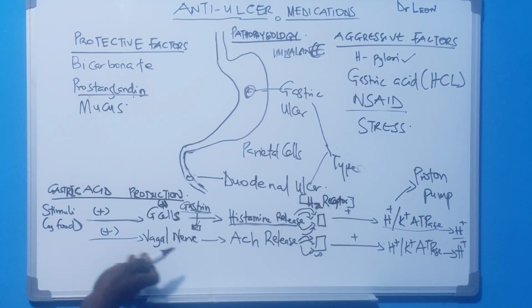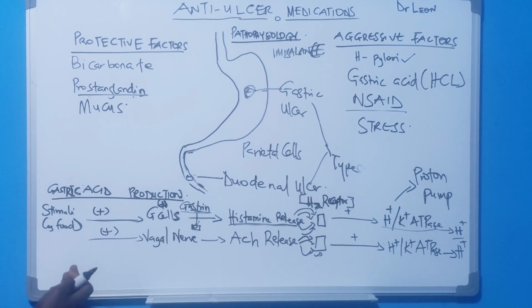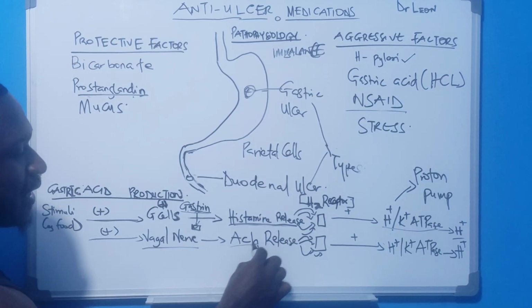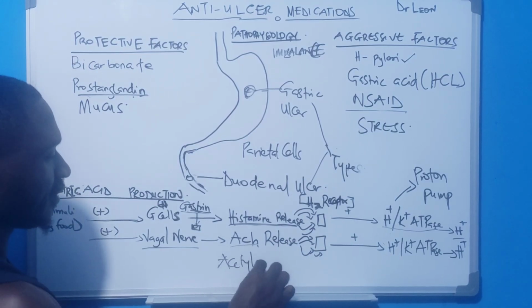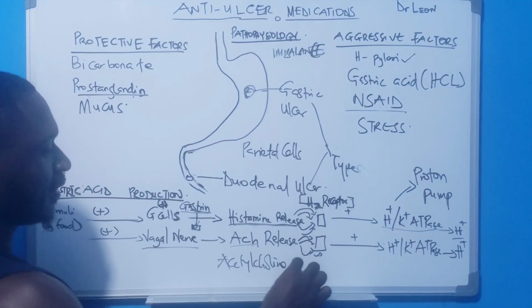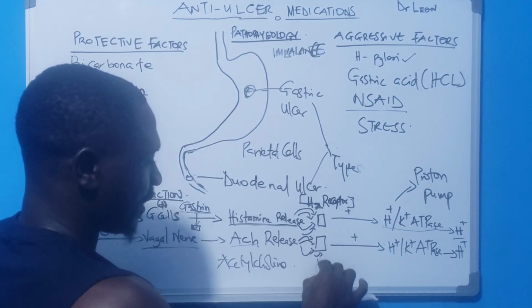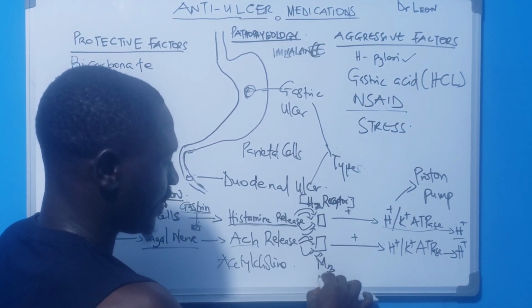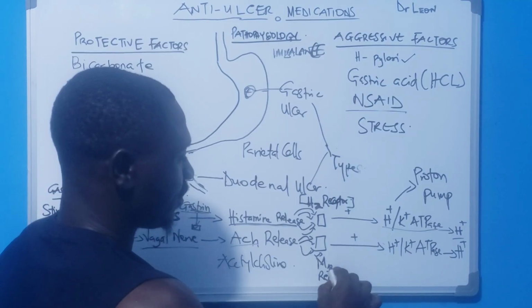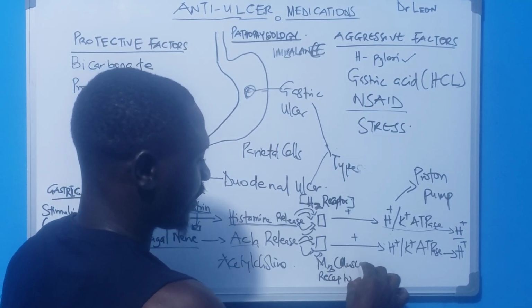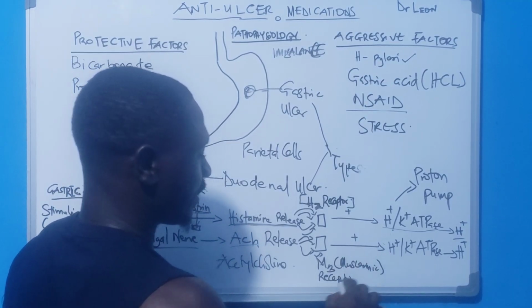So that's basically how the acid production comes about. And then we have another way that it can happen. When there's a stimulus, like when you smell food, or you think of food, there is a nerve called the vagal nerve. It is also stimulated, and it produces what we call acetylcholine. This also binds to its receptor, the M3 receptor, known as the muscarinic type 3 receptor.